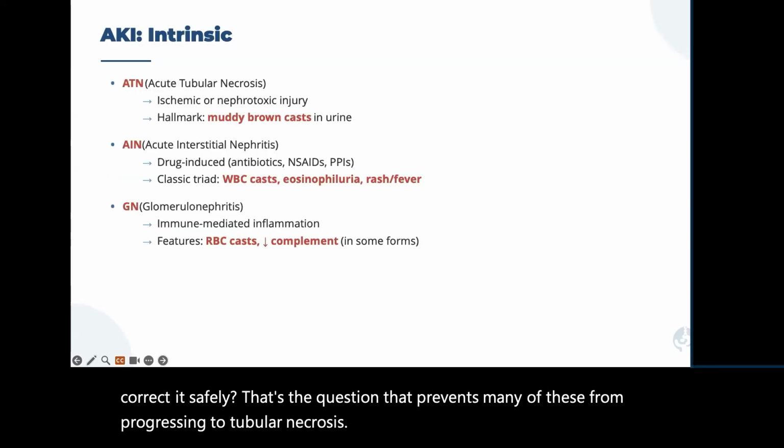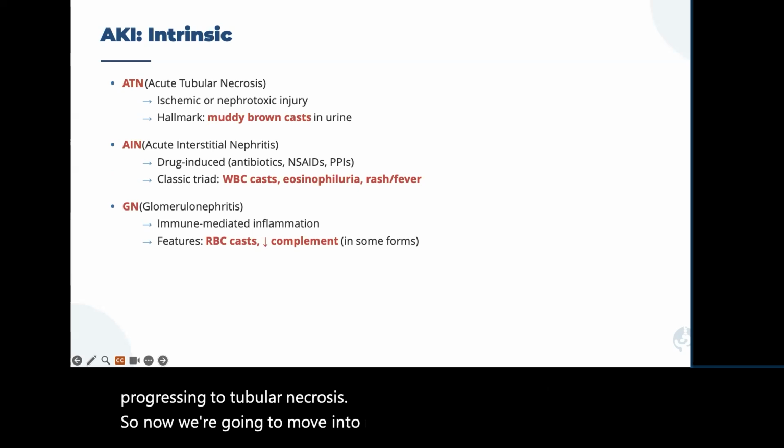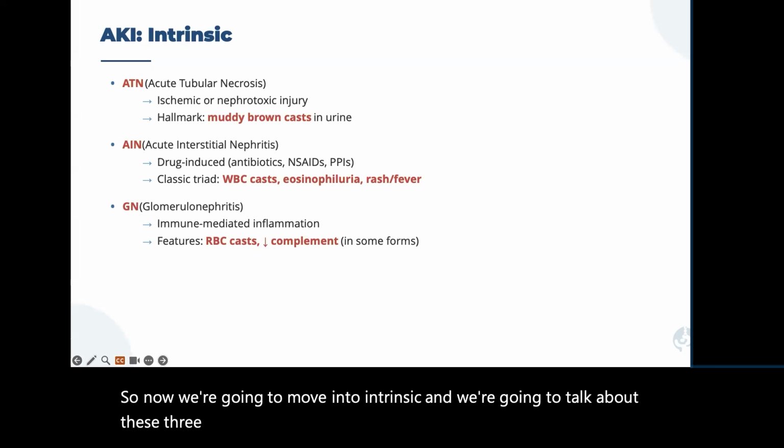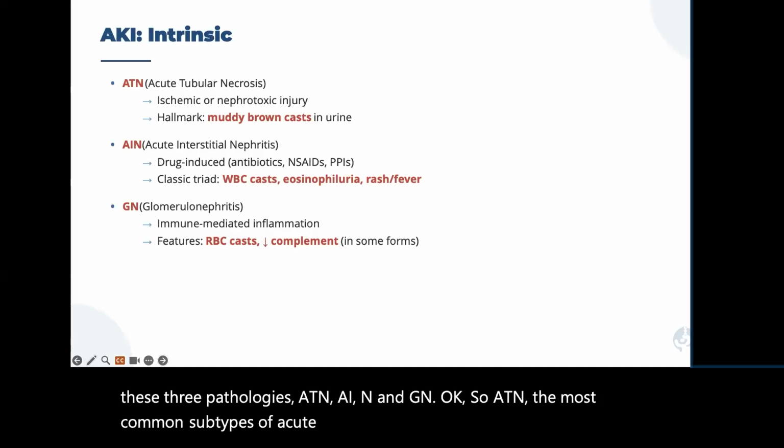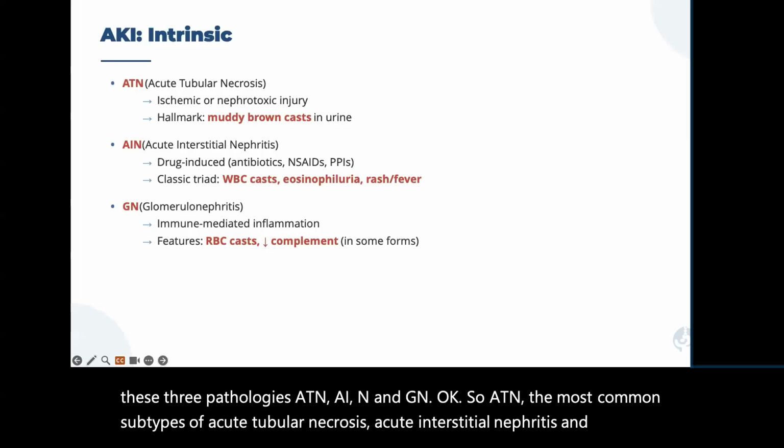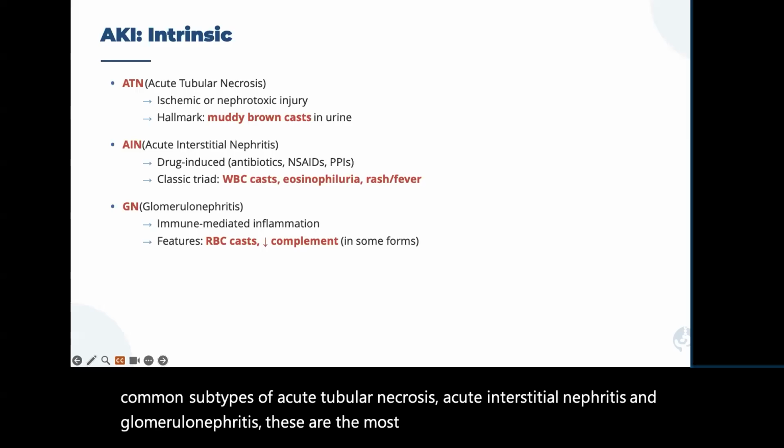So now we're going to move into intrinsic, and we're going to talk about these three pathologies, ATN, AIN, and GN. Okay, so ATN, AIN, and GN: acute tubular necrosis, acute interstitial nephritis, and glomerulonephritis. These are the most common causes of intrinsic renal disease.